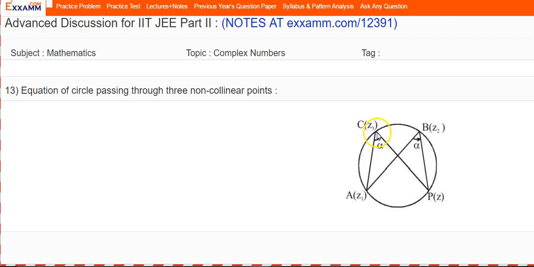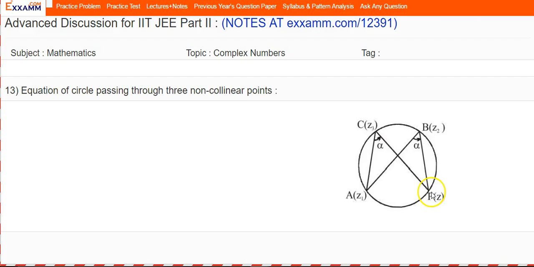We have to draw the perpendicular bisector of z1, z3 and the perpendicular bisector of z2, z3, and we will get the center of the circle, and from that center, with the distance OZ1, OZ2 or OZ3, any of them, we will get a circle.